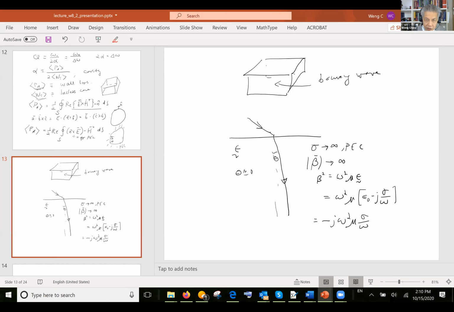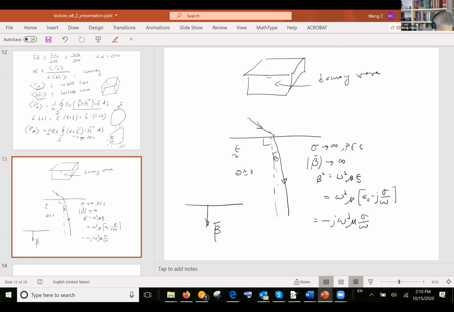The transmitted wave must be very close to normal, almost 90 degrees, and this is due to the phase matching condition. Hence, you can assume that for any wave that bounces off the wall, the transmitted wave will propagate normal to the surface. The beta vector is going to be like that, and you can assume that you have a plane wave propagating in that direction.